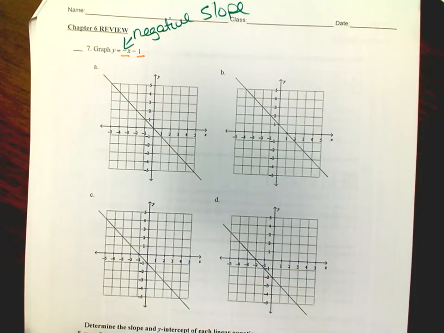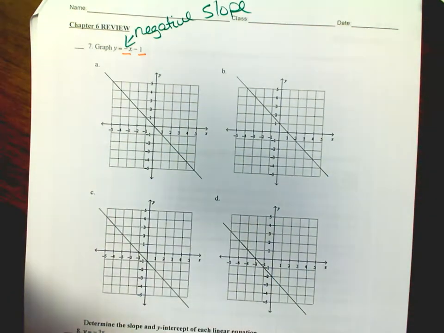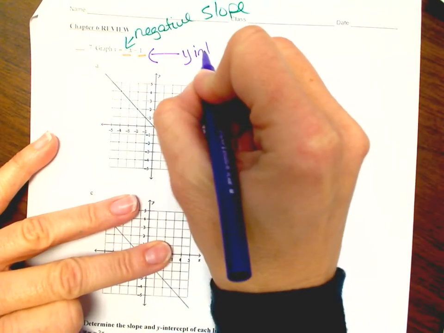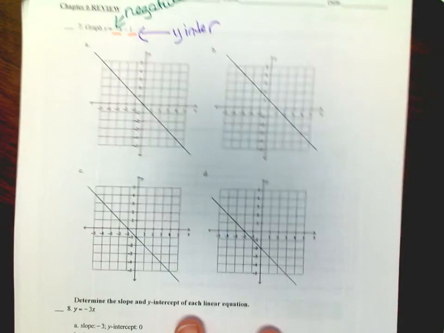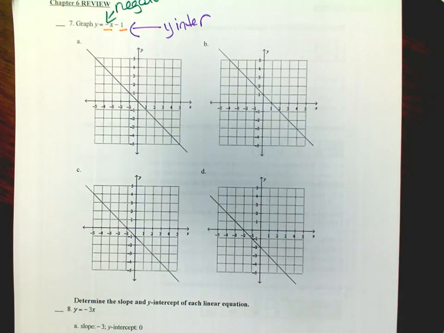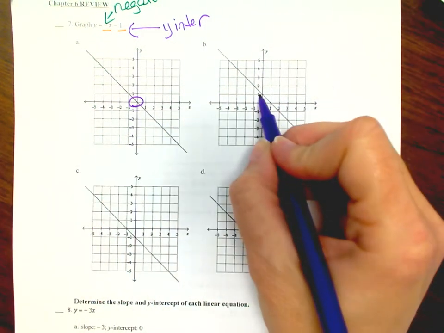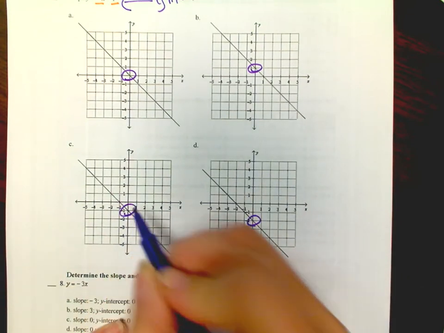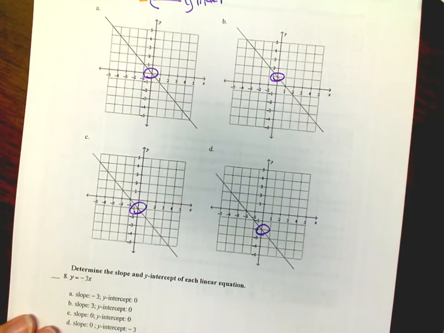So then I would start out, negative 1 is my y-intercept. So I would find every single one. I would go and circle just like we did on question 6. Circle your y-intercept. Where does the line cross the y? And then you should have your answer.